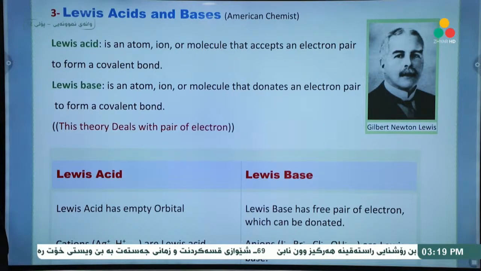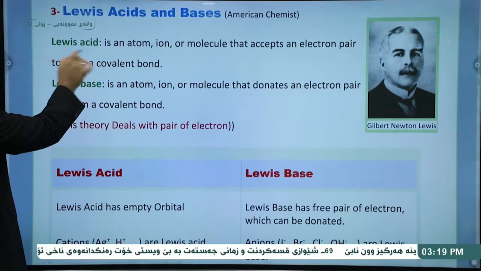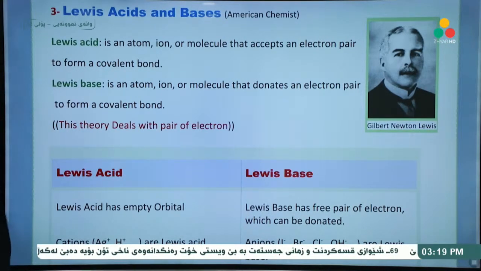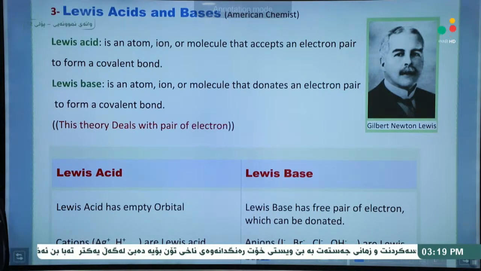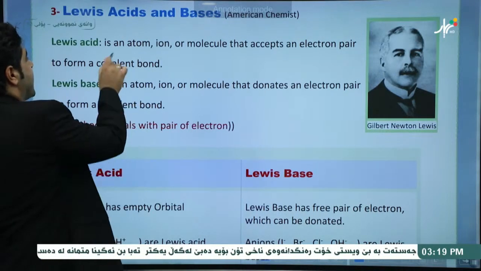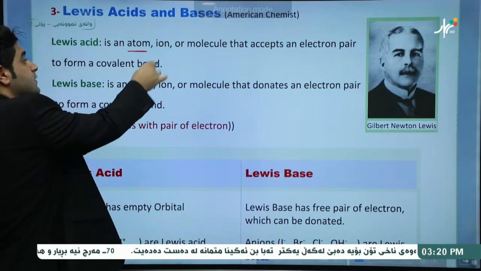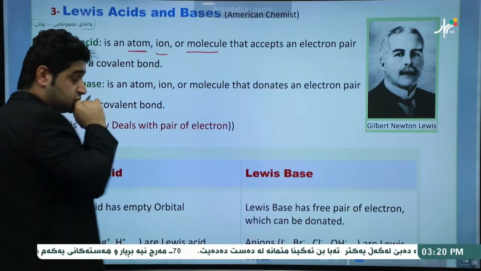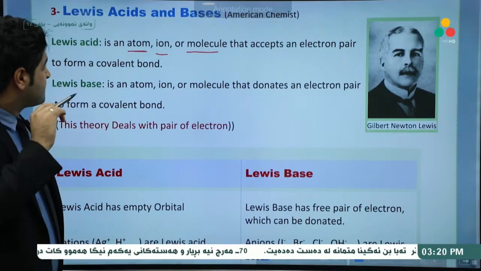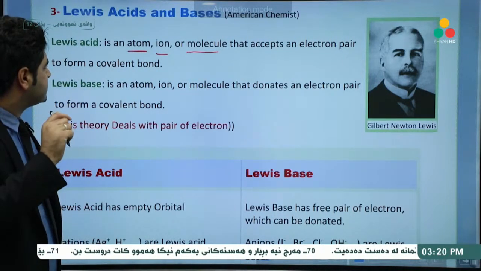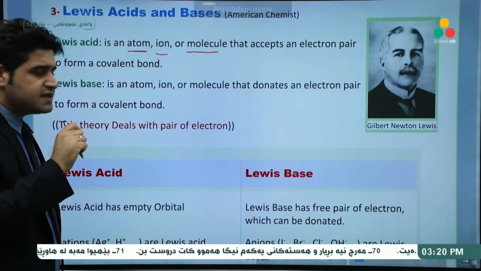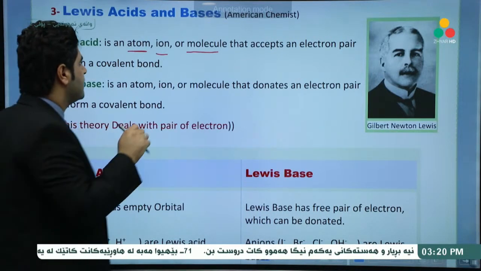Lewis acid-base. What is the definition of Lewis for the acids? Lewis said acid is an atom, ion or molecule. Look, from the start of the definition, we can see the difference between them.